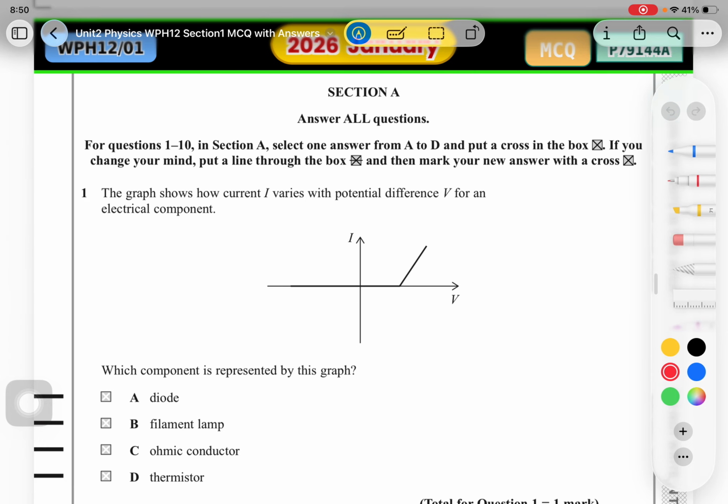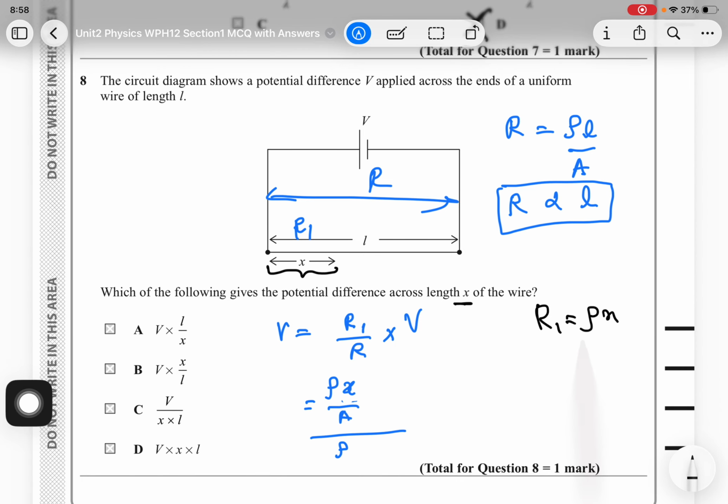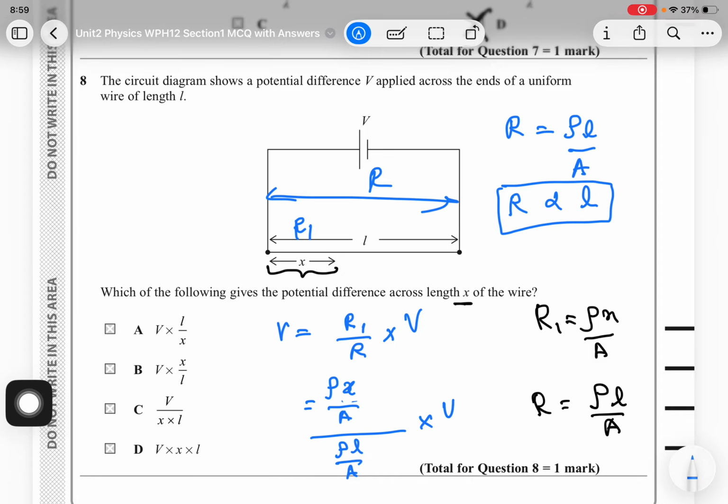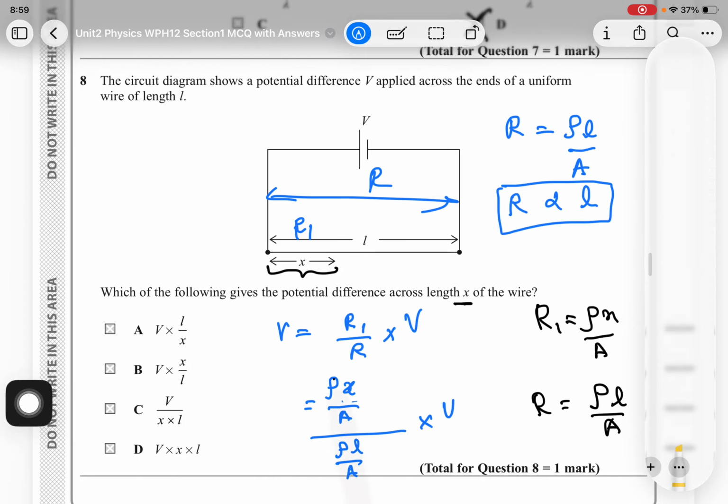And we know R1 would be, sorry, here not the L, it's the smaller one, so that is X. Since R1 corresponds to the smaller length, that should be X. So if I write it here cleaner, R1 is rho X divided by A, capital R is rho L divided by A, times V. So we can see most of the stuff is getting chopped off, yes, they are constants.